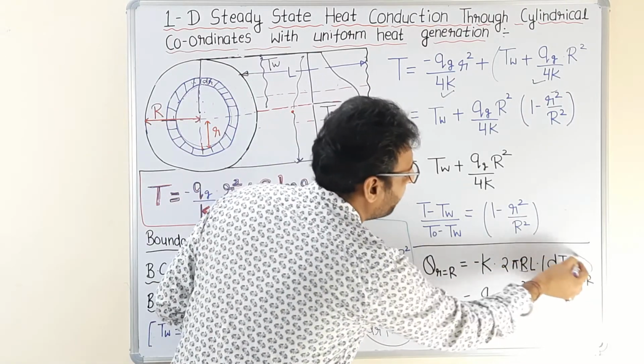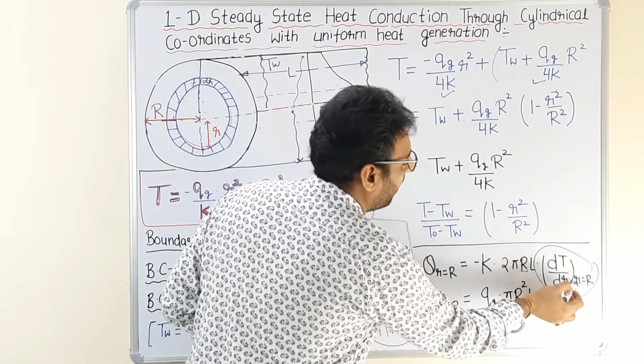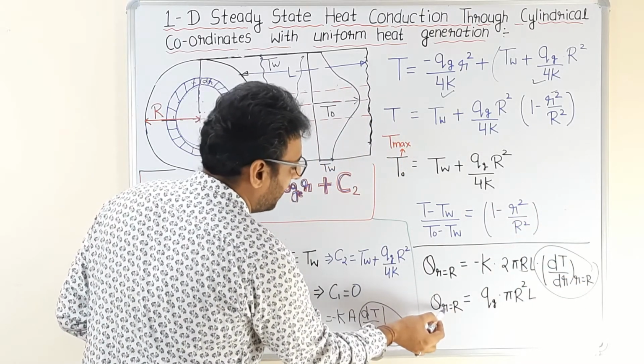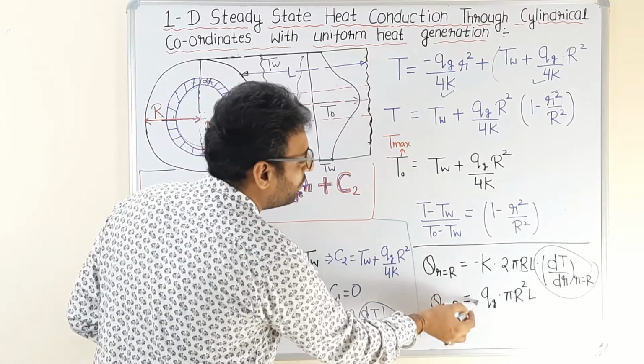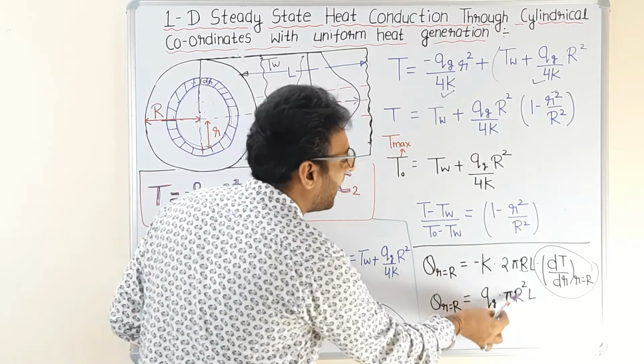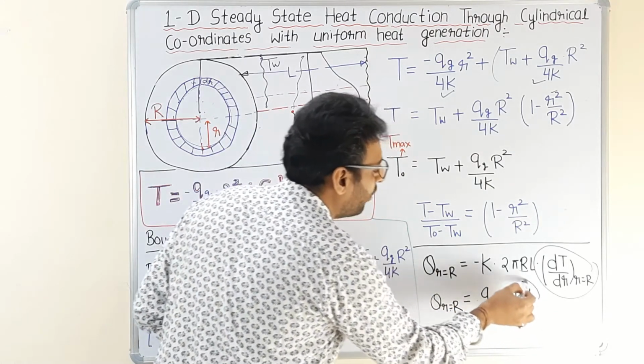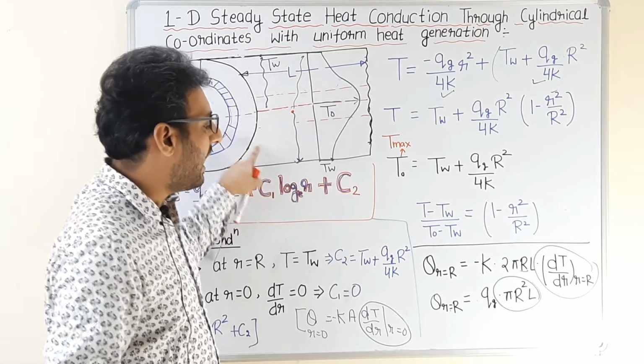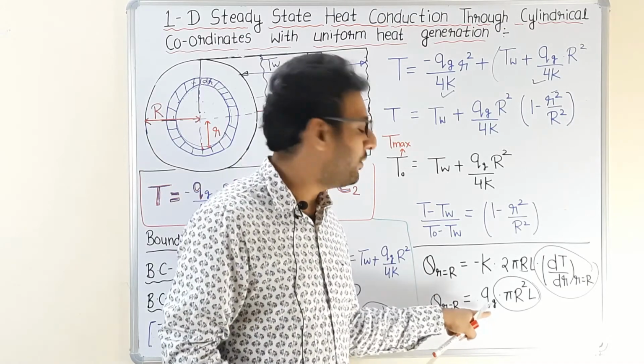After putting the value of dT/dr at r equals capital R, we will get the value of Q at r equals capital R as Qg into pi R square L. We know that this is the volume of the cylinder, and Qg is heat generated per unit volume.